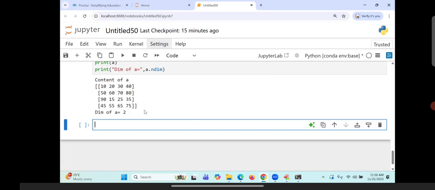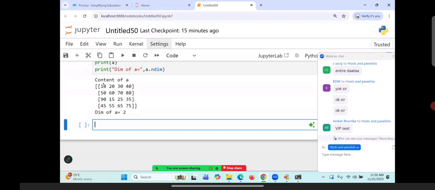Come. Now I want to go for what? I want to get the first column values. What is the dimension? 2. Okay? How do you write it? When two dimensions are there, I need to use 2 square brackets. Now look at A of, I am writing it.